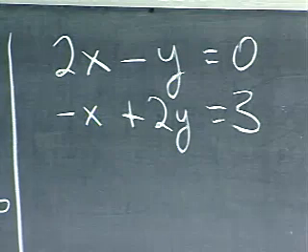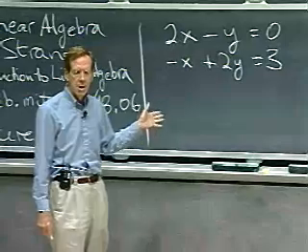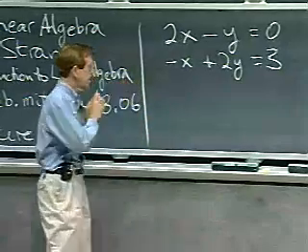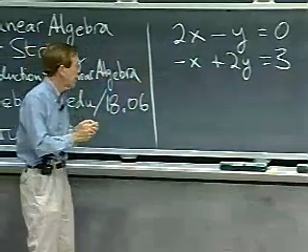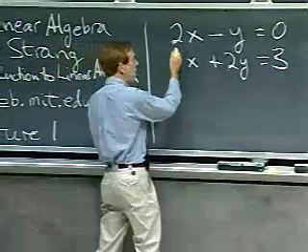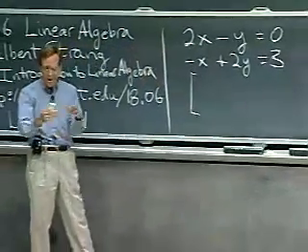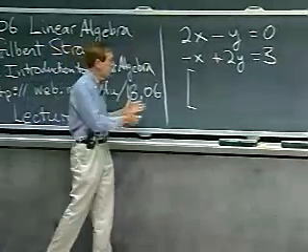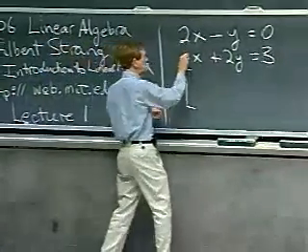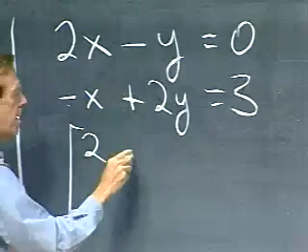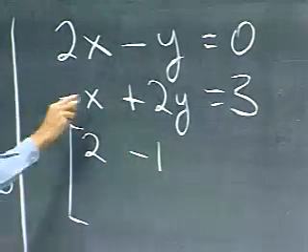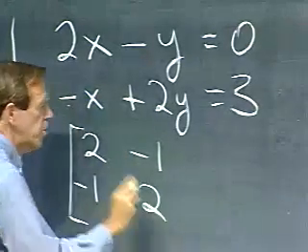I can even say right away, what's the coefficient matrix? The matrix that involves these numbers. A matrix is just a rectangular array of numbers. Here it's 2 rows and 2 columns. So 2 and minus 1 in the first row, minus 1 and 2 in the second row.